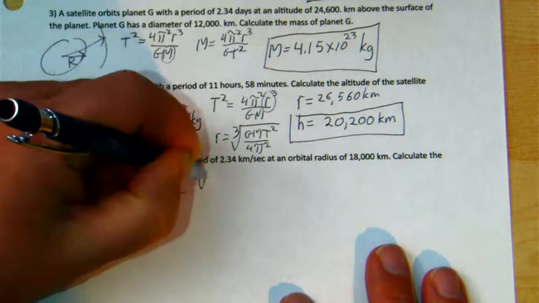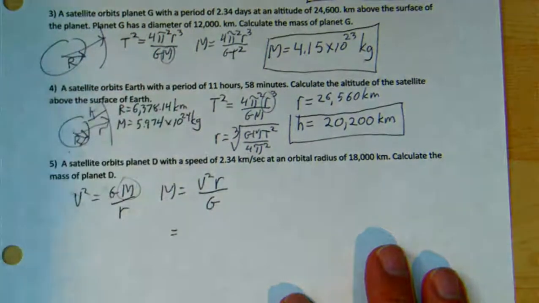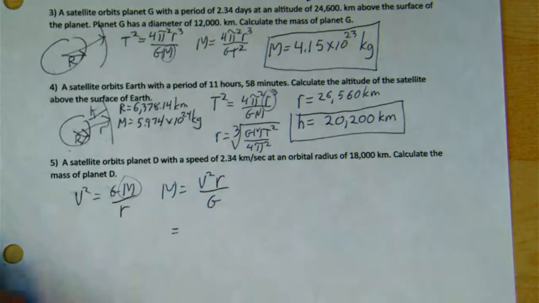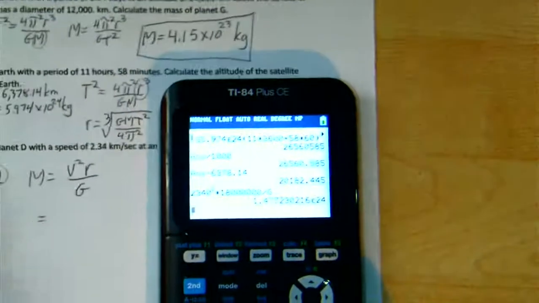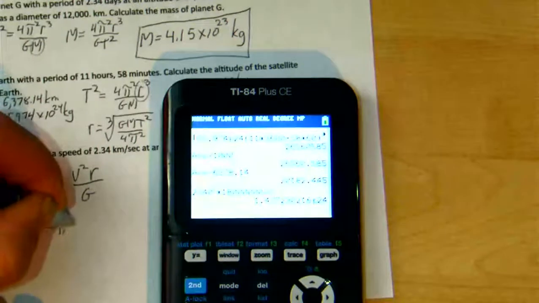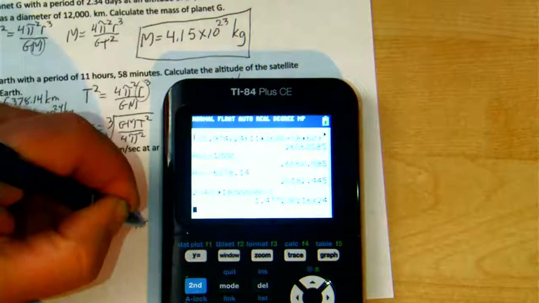Mass is v squared r over G. We're going to plug in 2,340 meters per second squared times 18 million divided by G, enter, and the calculator says the mass of this planet is 1.48 times 10 to the 24th power kilograms.